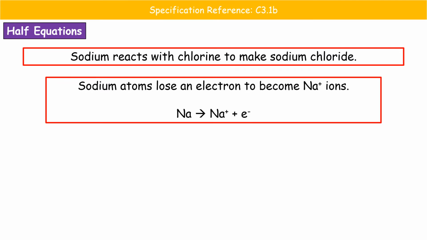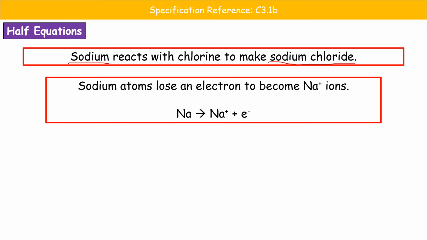If we look at an example here then, this is our example, sodium reacting with chlorine to make sodium chloride. First of all, we're going to write the half equation for sodium. So we're going to focus on just one of those reactants, in this case, sodium. So when we read it, sodium reacts with chlorine to make sodium chloride.